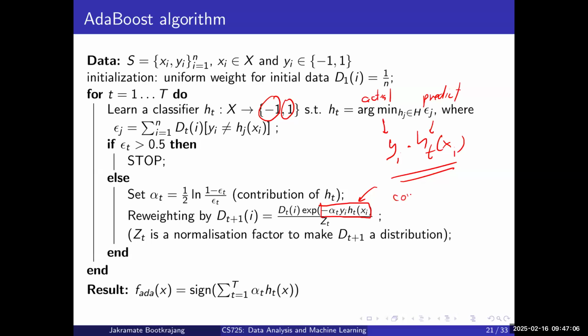So for a correct example, you get a positive number. For an incorrect one, you will get a negative number. And here you have e to the minus alpha times, let's say if you got it correct, a positive number.